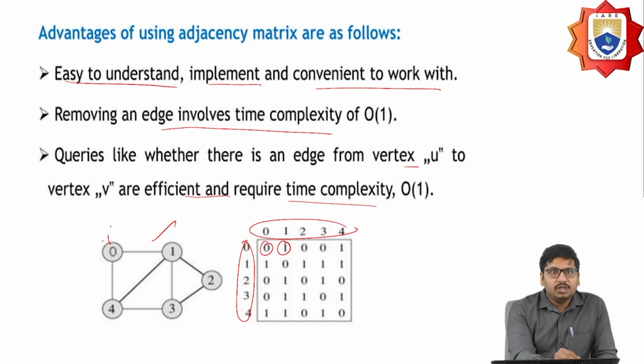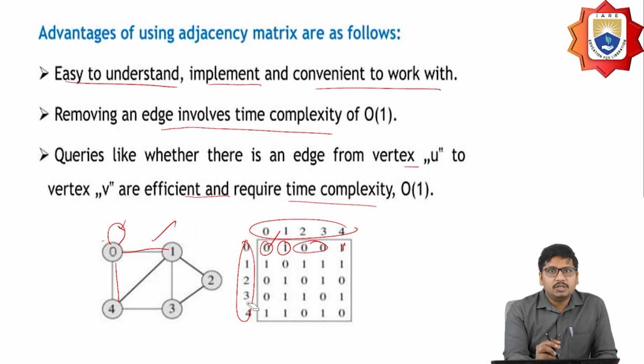From 0 to 0 there is no edge, so I represent 0 here. There is an edge from 0 to 1, so I represent 1, and similarly I have an edge from 0 to 4, so I represent 1. The remaining entries should be 0.